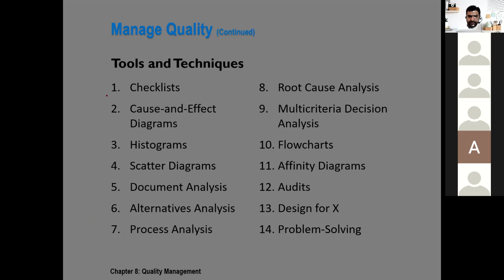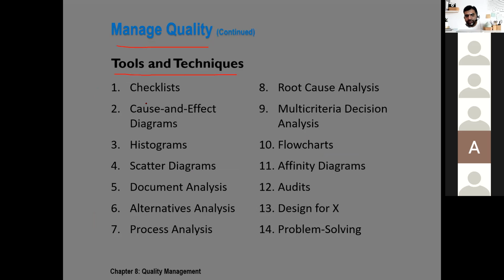A number of tools and techniques are used in this process. We will not go in depth at this point about those tools and techniques. The reason is that almost similar tools and techniques are used in control quality or quality control.